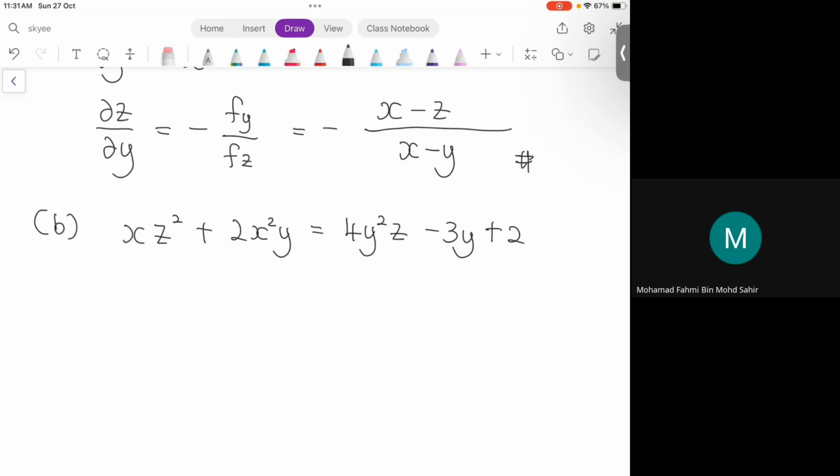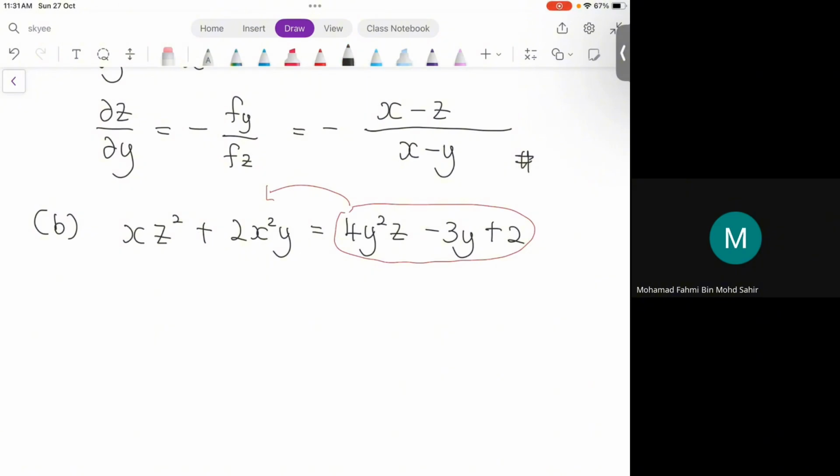Then you are required to find del z, del x and also del z, del y. Before we find the Fx, Fy, Fz, we must move whatever is at the right to the left.